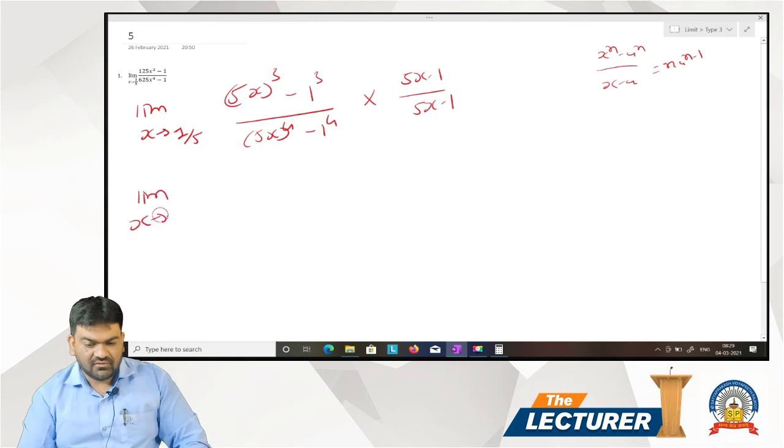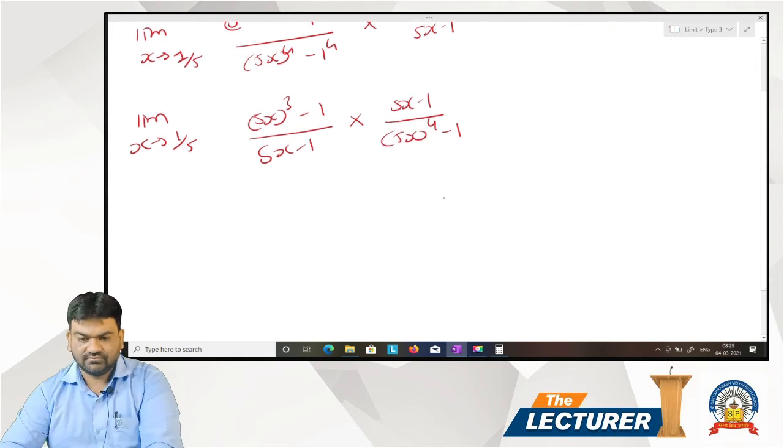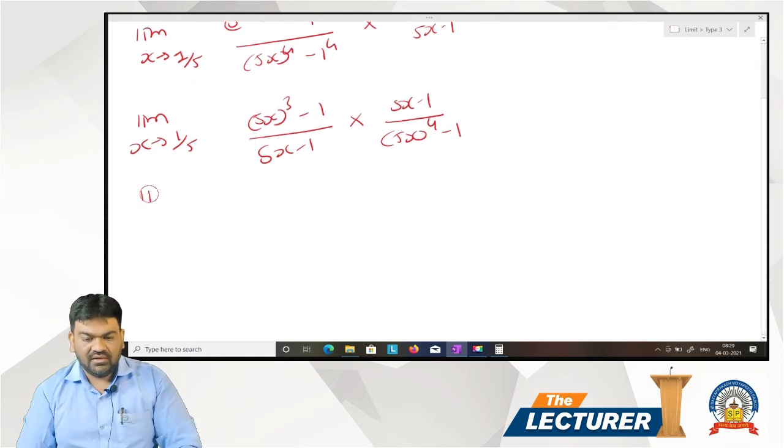So limit x tends to 1 by 5, 5x cube minus 1 divided by 5x minus 1, multiplied by 5x minus 1 upon 5x raised to 4 minus 1.